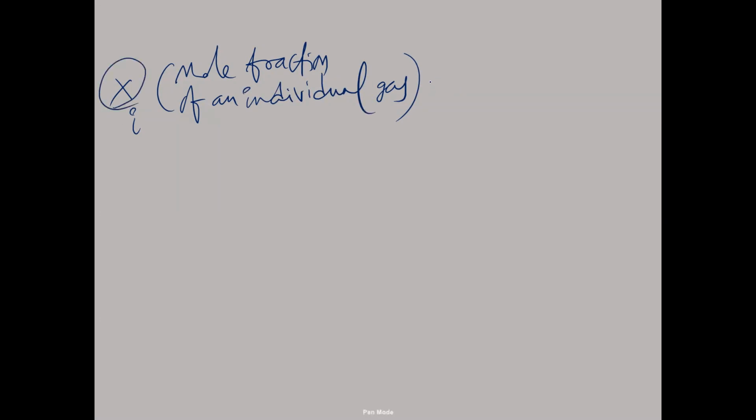So Xi is equal to Pi. Pi means what here?